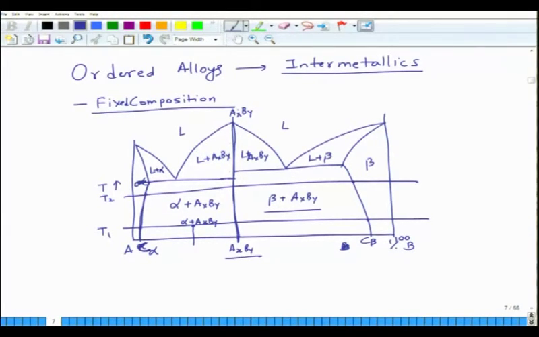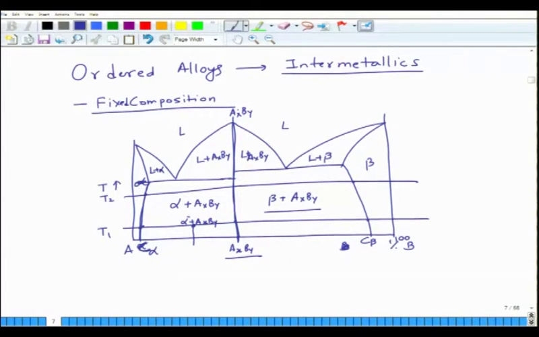But you can see AXBY remains vertical, the composition of AXBY does not change, it is a line compound, it remains fixed. When you are at some other composition, you have alpha plus AXBY, alpha of this composition, AXBY of this composition.